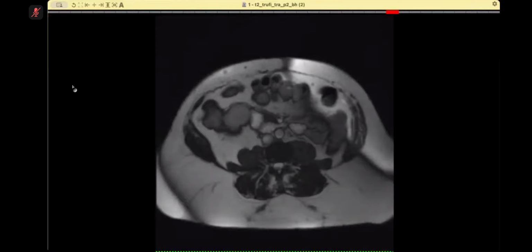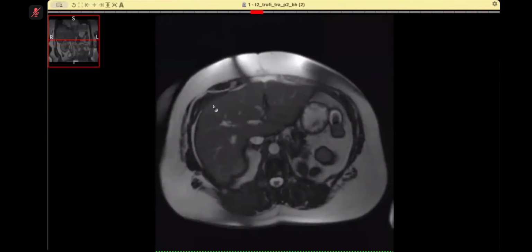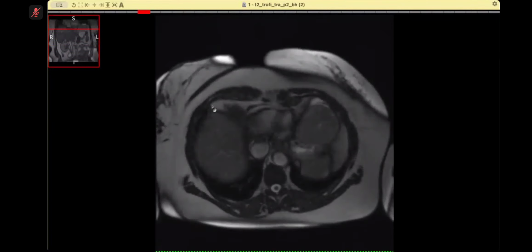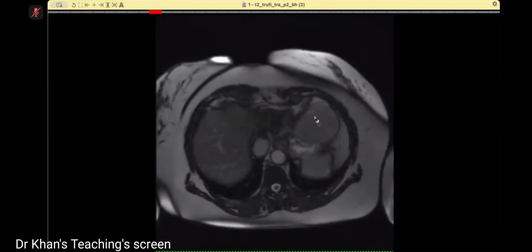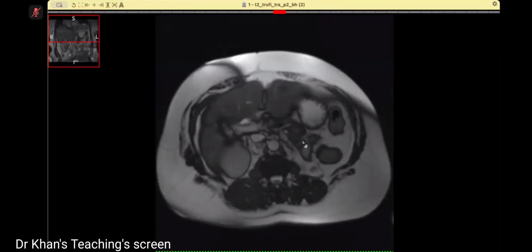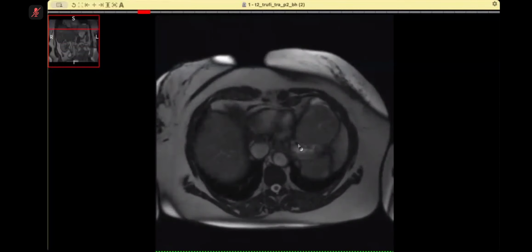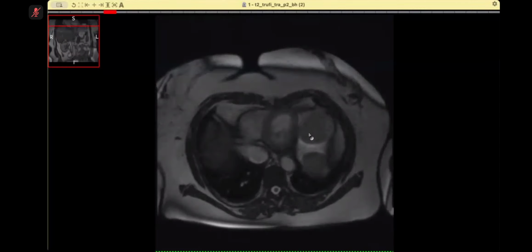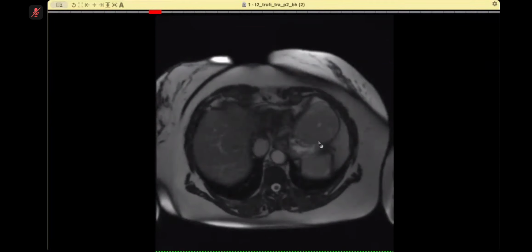If you look carefully, because they have done a T2 weighted sequence, this was missed. Now you can see it is there. You can see the stomach, and there is a lesion, and it was simply missed because the interest was in the pelvis, and this was not seen.